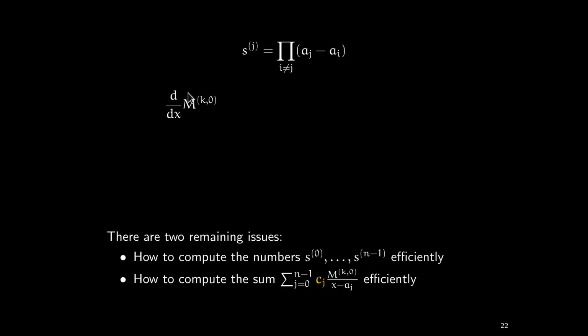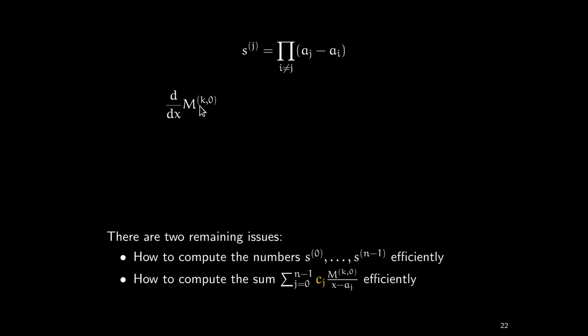You take the polynomial m, that is the product of all the x minus ai's. That's the root of the multiplication tree. And then you differentiate it. So it's a polynomial. You can differentiate it even if there's no calculus and no real numbers. You just formally differentiate it as you would always differentiate a polynomial.